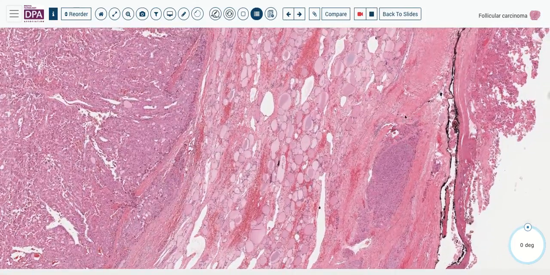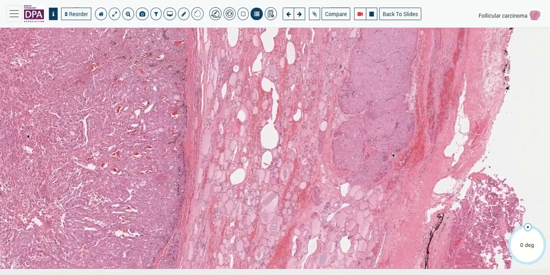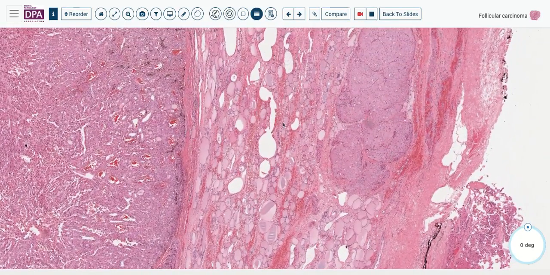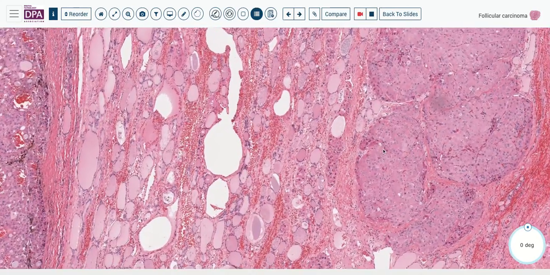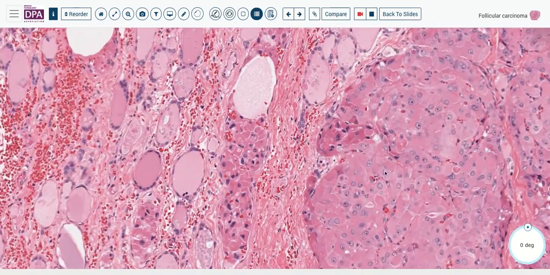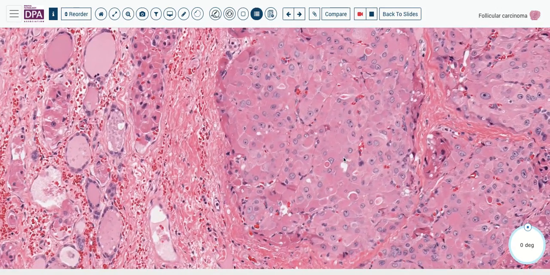And we can evaluate these other areas of growth far beyond the main tumor mass. Here's some, here's some, here's some. So this is widely invasive follicular carcinoma with Hürthle cell oncocytic features.